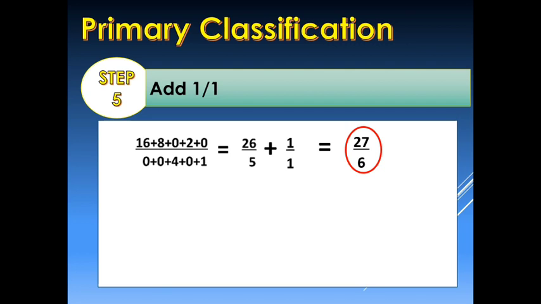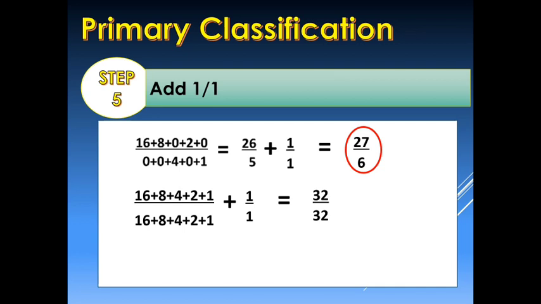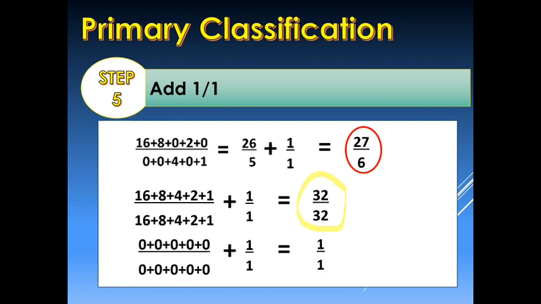Now, in cases where all the fingerprint patterns in the fingerprint blocks are whorl patterns, the primary classification will be 32 over 32. On the other hand, if the fingerprint patterns present on the fingerprint blocks contain arches and loops, the numerical value will be 0 plus the 1 over 1, and we will have a primary classification of 1 over 1.